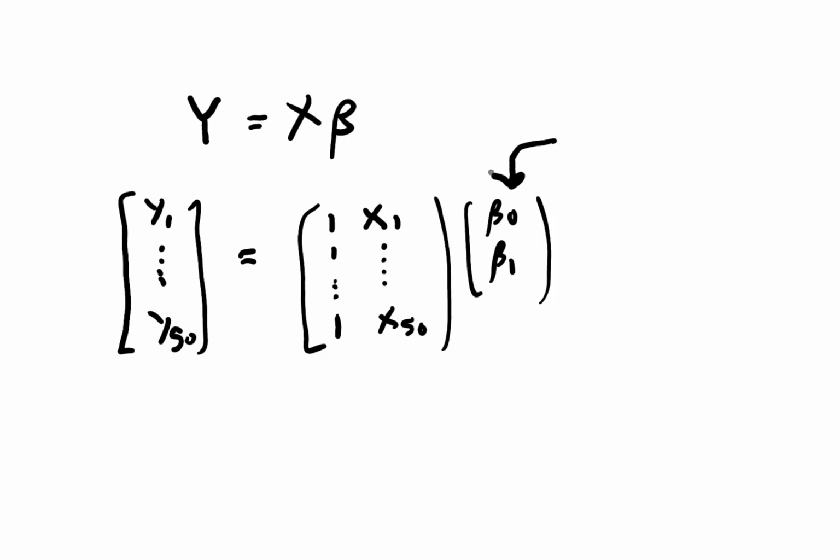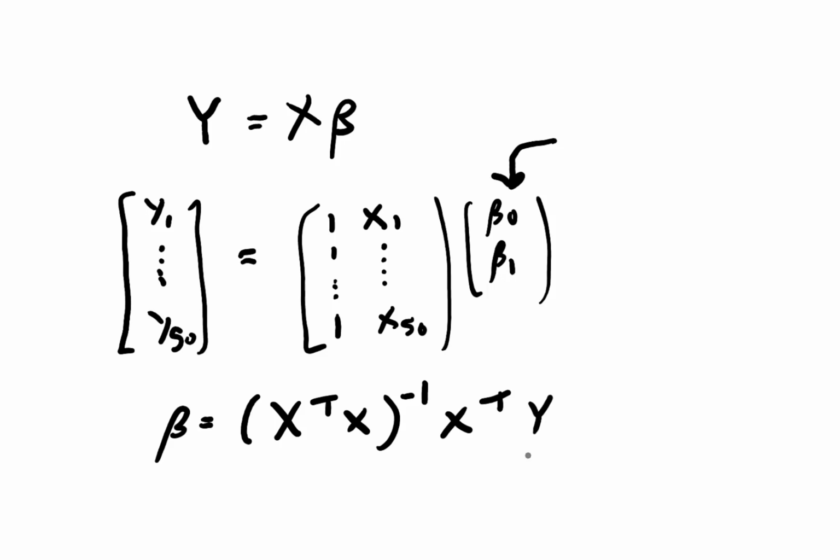The way that we're solving that is we're using the normal equation, and so beta is equal to (x transpose x) inverse x transpose y. We have our x and y values, so all we need to do is program this equation directly, and then we can solve for beta naught and beta 1.